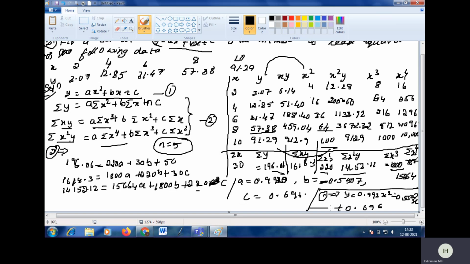So this is the best fitting curve for the given data.